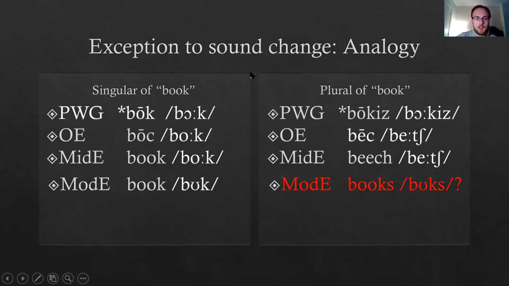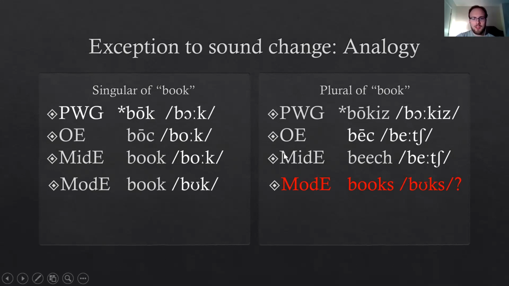By the time of Middle English, this sound stayed the same; it raises later in Modern English. So again, we see the same paradigm surviving in Middle English with "book" and "beek." And then in Modern English, even in very early Modern English, we see "book" and then "books." Hold on a minute, there's no way for "beek" to become "books" on the basis solely of sound change.